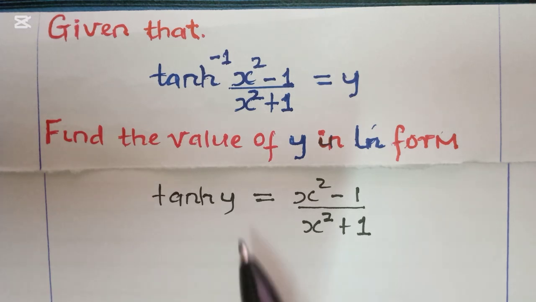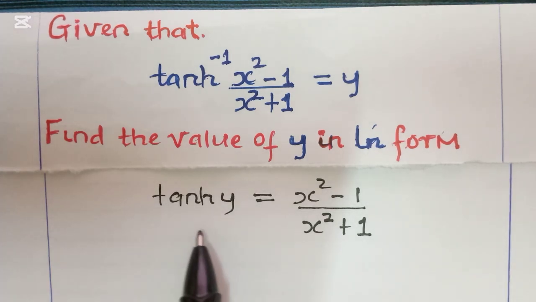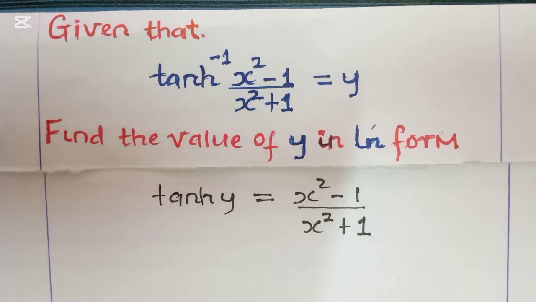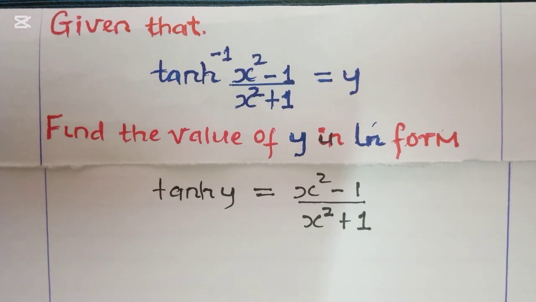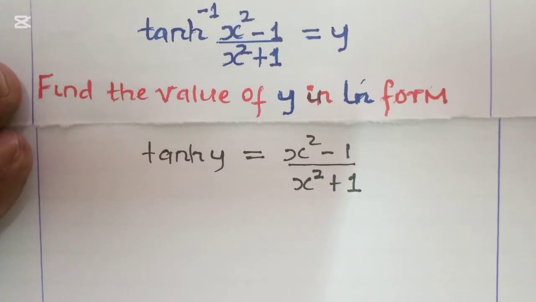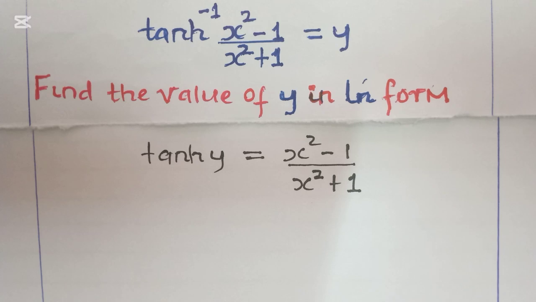And so guys, what we are going to do, we are going now to write tan hyperbolic y in terms of exponential. So let's write that and see what we will get.